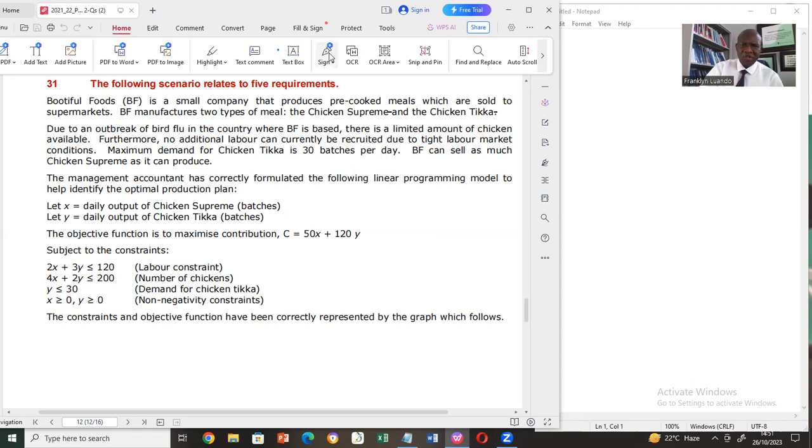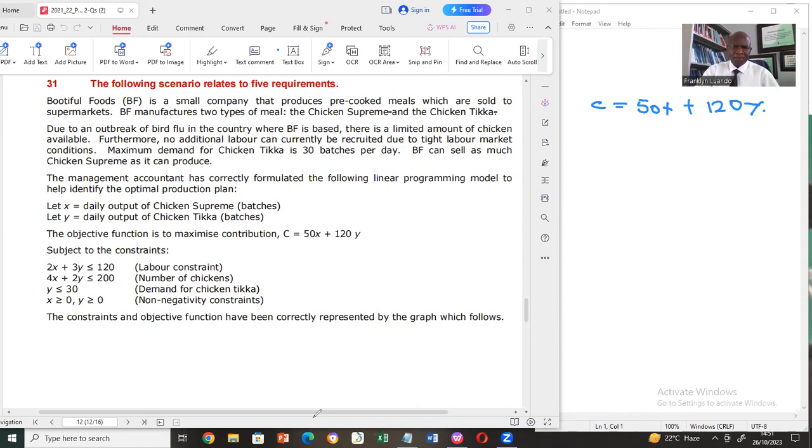The objective function here is C equals 50x plus 120y, which means the objective is to maximize contribution.